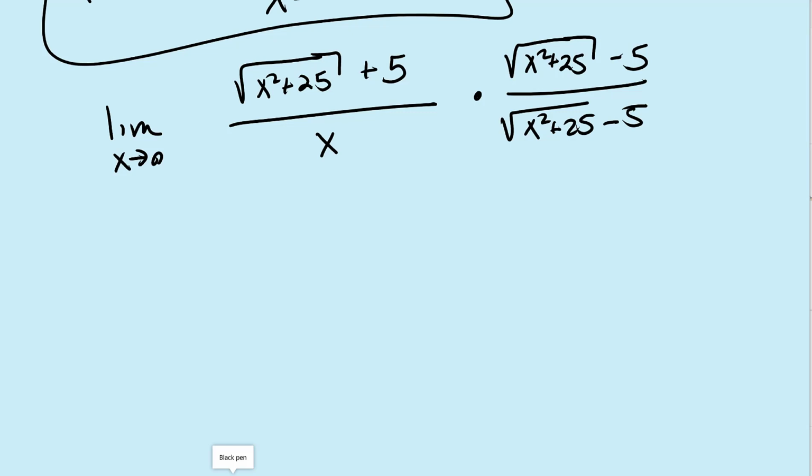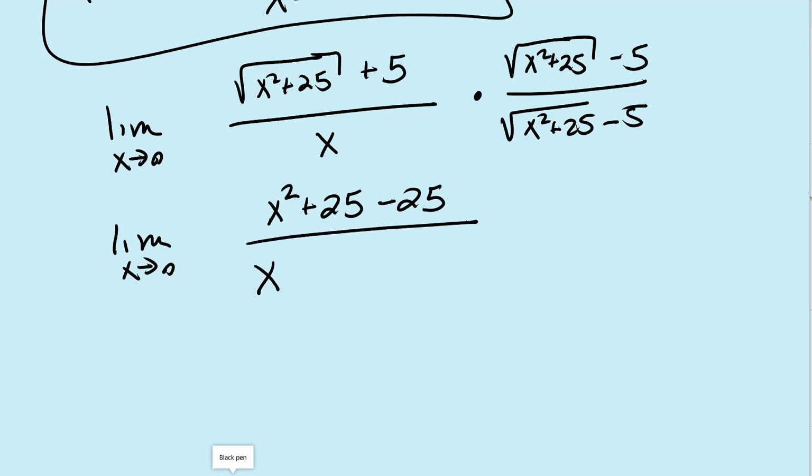Now again, because we have a plus b times a minus b, we can quickly go through this step as well. So we have x squared plus 25 minus 25. This time we're dividing by x times the square root of x squared plus 25 plus 5.